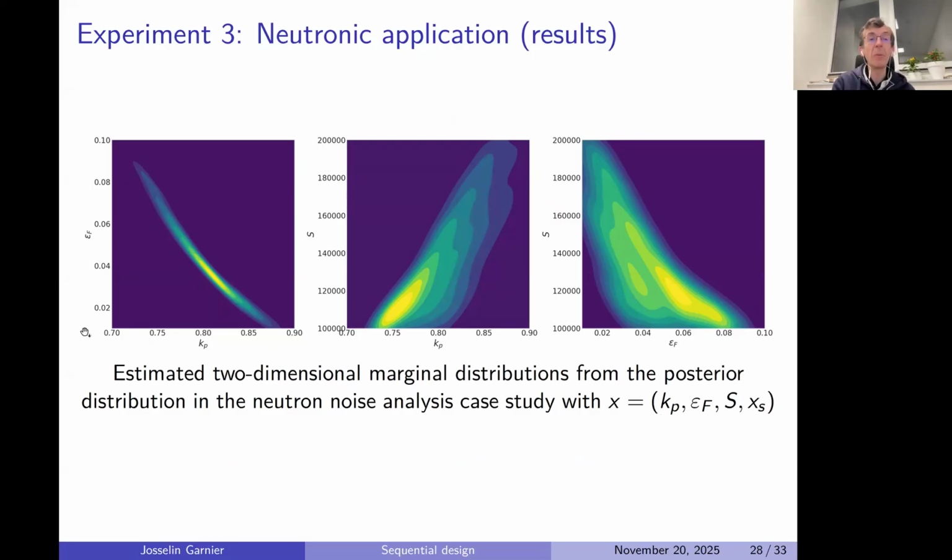Here you have the two-dimensional marginals, just to show that the posterior distribution is like the banana case. It seems to be unimodal, but with a degenerate support. It's a kind of two-dimensional manifold in a four-dimensional space.